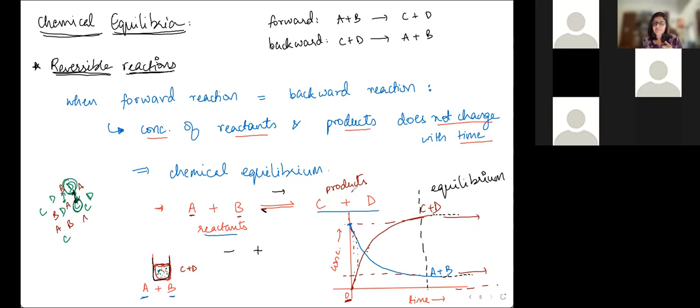Similarly, if you look at it from the point of view of C or D, because of the forward reaction it's being produced, but because the backward reaction kicked in, they also get used up. So the net thing is that whatever is being produced is cancelled out by whatever is being used, used for again making the reactants. Here, whatever C and D is produced gets used up because of this reaction to make A and B. So that's why the concentration of both reactant and product will not change.